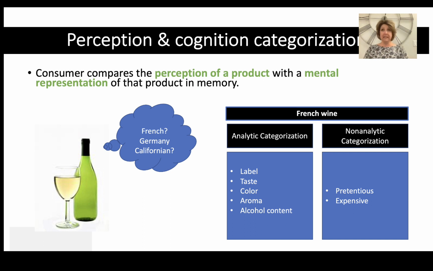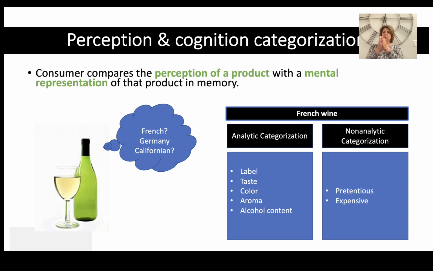I can say something on the label. I could talk about the taste or the color, the aroma, the alcohol content in my promotional materials, in the way I communicate to you, using some sort of sensory like I showed you with the sink. And the non-analytic could be categorization. You could think, oh, well, this is pretentious or it's expensive.